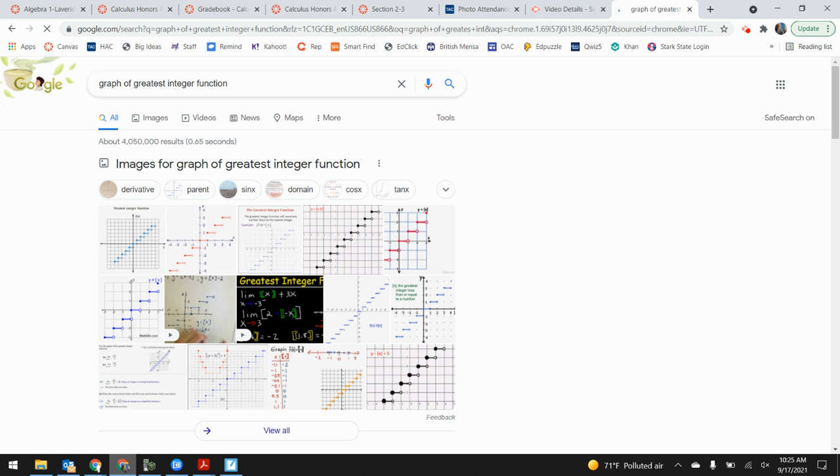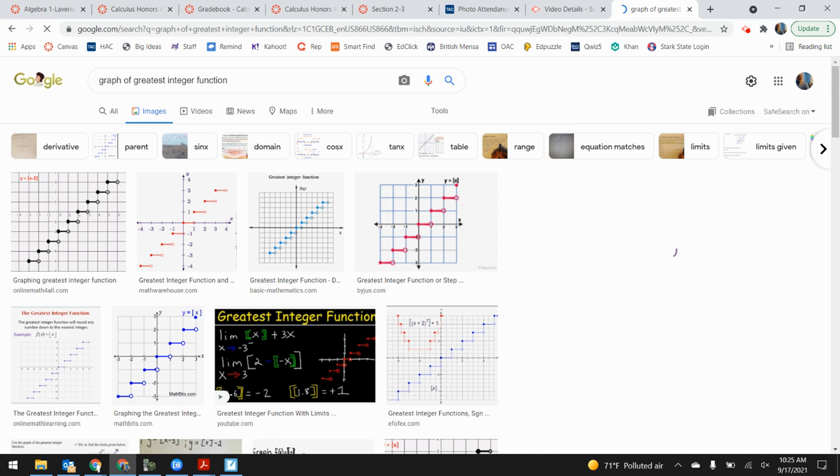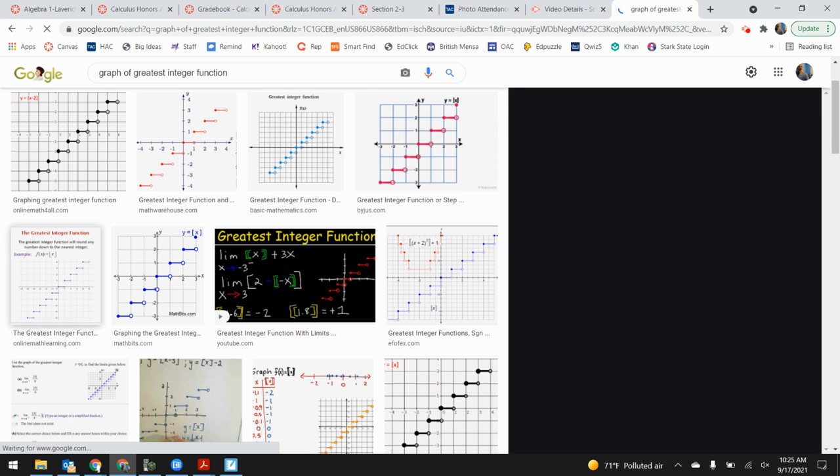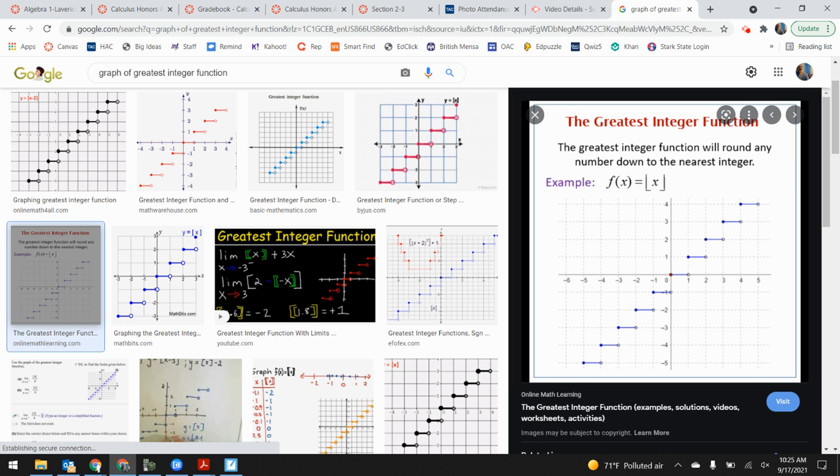It's actually a step function on a graph. Okay, right here. Let's take a look. Here's the greatest integer function. If I have anywhere between negative 1 and 0, it jumps back to negative 1. If it's anywhere between negative 3 and negative 2, the output is negative 3.